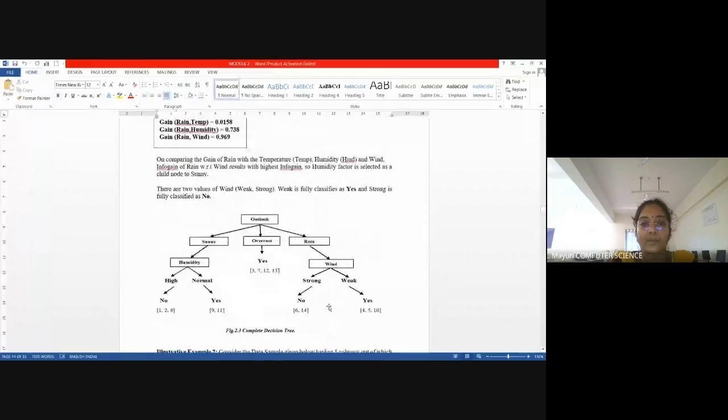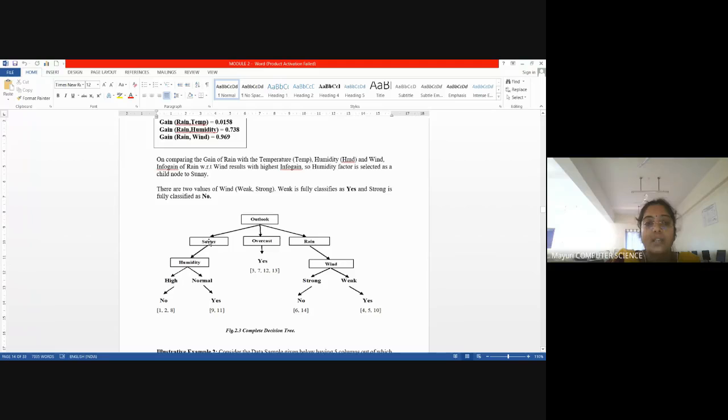Wind is the attribute after rain. Wind is the attribute which has the highest info gain. All the strong values are fully classified with no, and weak values are fully classified with S. Only till this part, outlook, sunny, overcast, rain, you do the calculations.